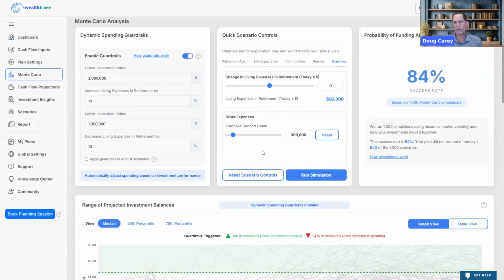It can give you more comfort, just like guardrails can give you more comfort that you're fine if your expenses go up by $5,000, $10,000 a year. I love running these scenarios again for my own plan. I'm always playing around with it just to give myself a sense of what my plan can take, how much these things can change, and I'm still okay.